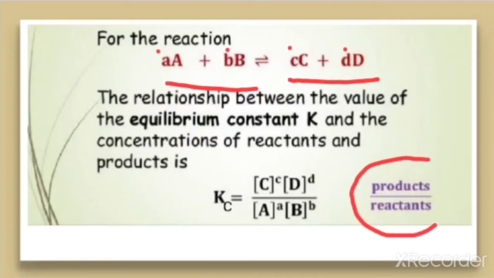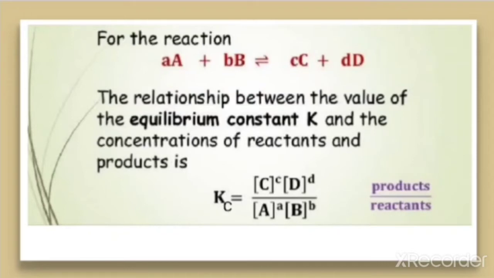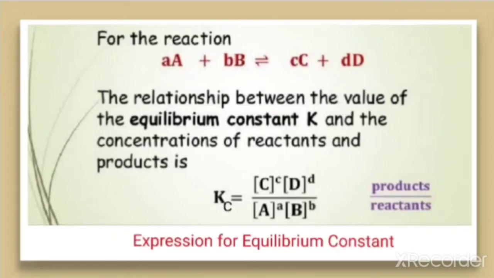So when any equation is given to us, we write the Kc value as the concentration of product by the concentration of reactant with the stoichiometric coefficients on their powers. This expression is called the expression for equilibrium constant.